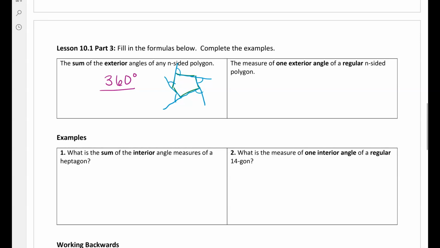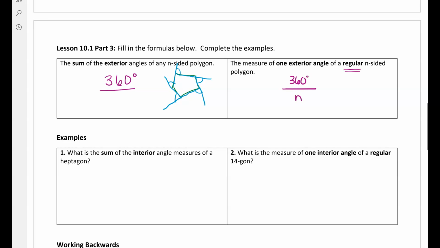So then the measure of a single exterior angle for a regular, so again, it has to be regular because, for example, in this pentagon that I just drew over here, some of these angles are definitely smaller or larger than others. So in a regular or equilateral polygon, the measure of one exterior angle is just 360 degrees divided by the number of angles.